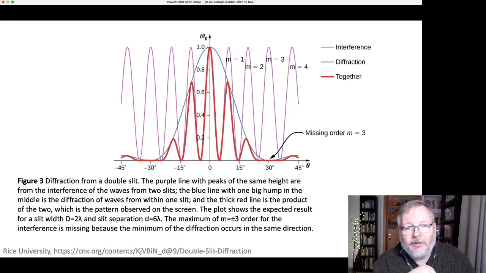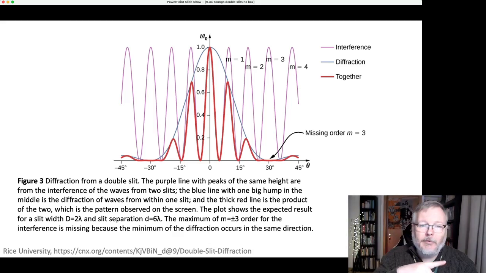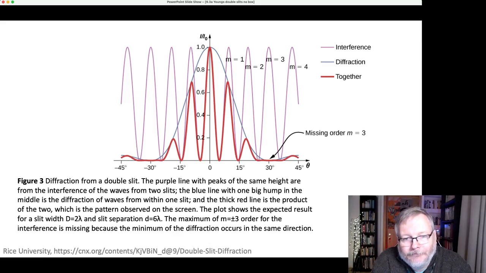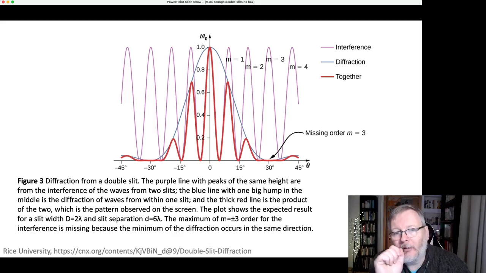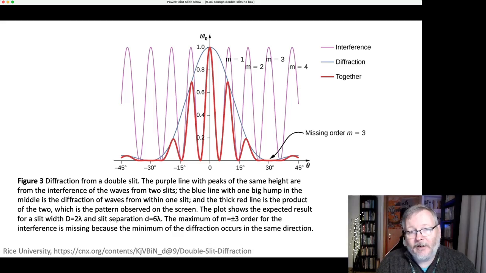And illustrated in red here, you can see the combination of the two, which means that with this particular arrangement, with a slit width of 2 wavelengths of the light and a separation of 6 wavelengths of light, the maximum at m equals 3, where m is the order, so 0 is the central one, and then 1 is the one to the side of it, 2, 3, 4, etc., is actually completely missing, because at that point the single slit diffraction completely goes to 0 and negates the double slit interference.